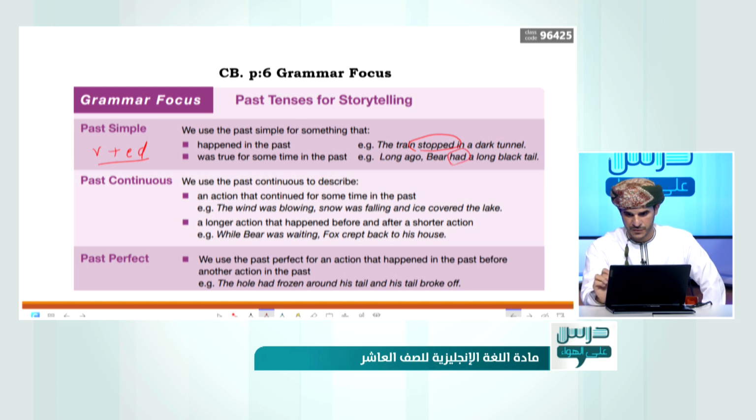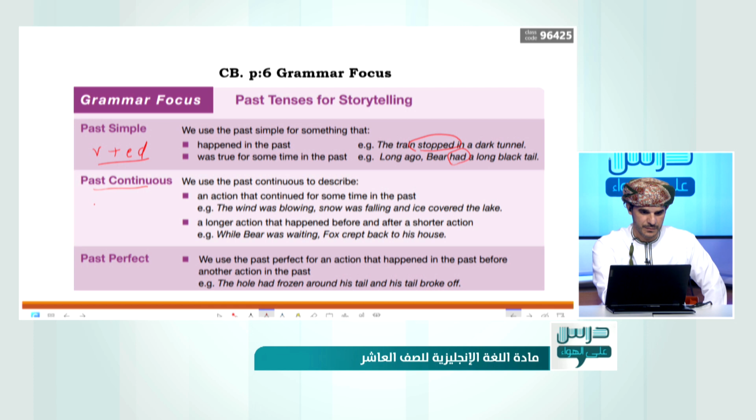Stop, the past tense of stop, and had, past tense of has and have. When do we use past simple? We use it for something that happened in the past and for something that was true for some time in the past. Past continuous, we'll study more about them later, inshallah.